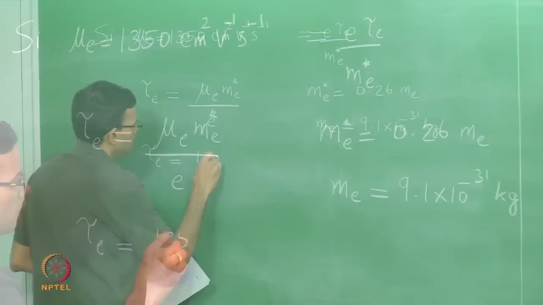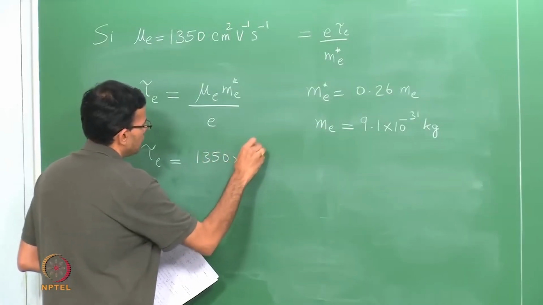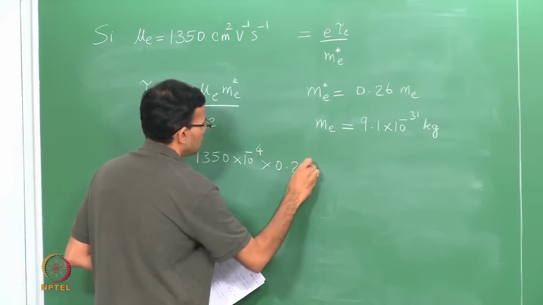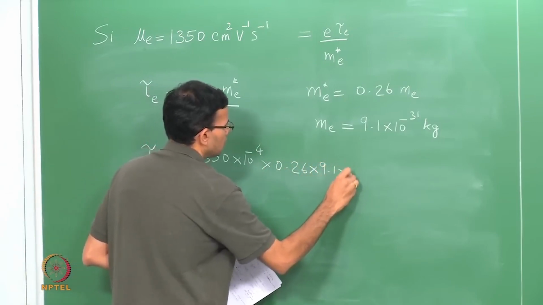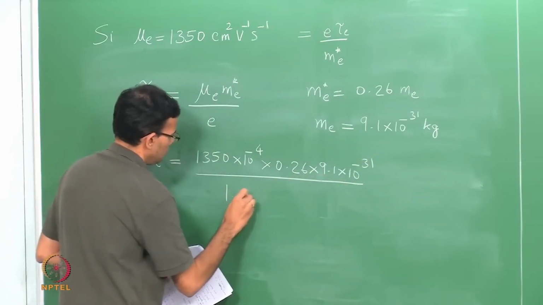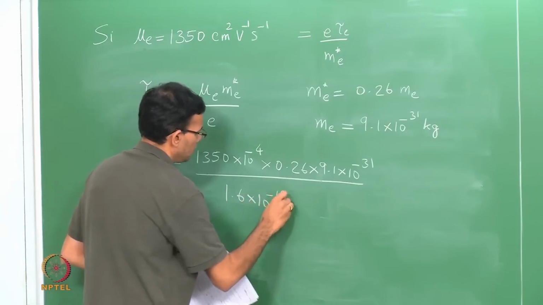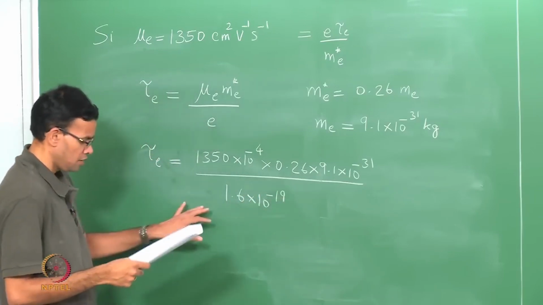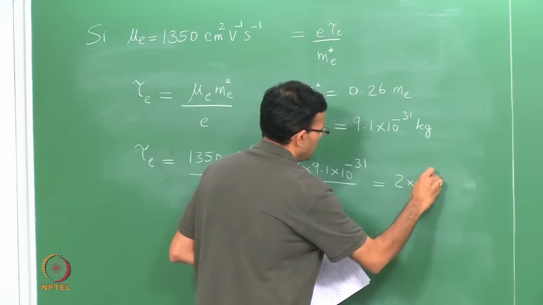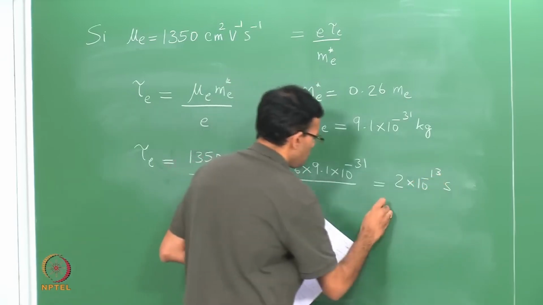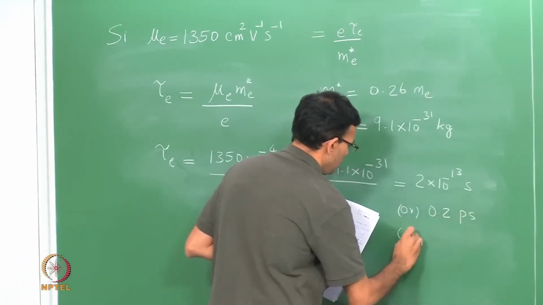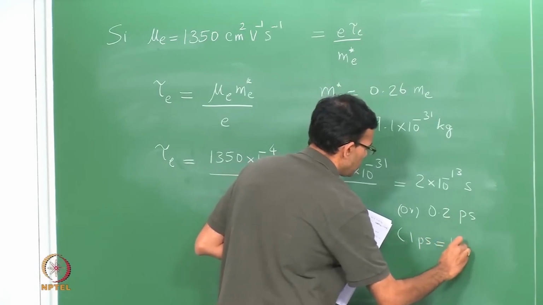So, 1350 multiplied by 10 to the minus 4 to convert to SI units. If you do the math, tau e works out to be 2 times 10 to the minus 13 seconds, or 0.2 picosecond, where 1 picosecond is 10 to the minus 12 seconds.